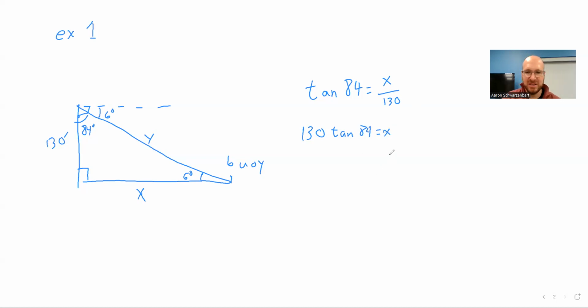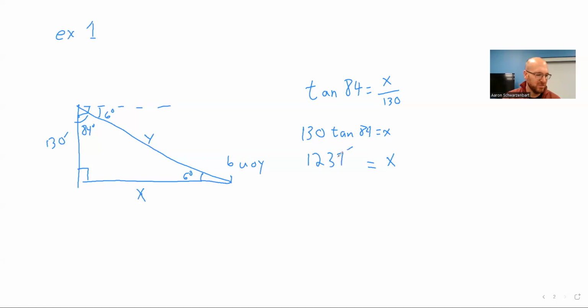And I'm going to grab the calculator. I get this is a distance of 1,237.